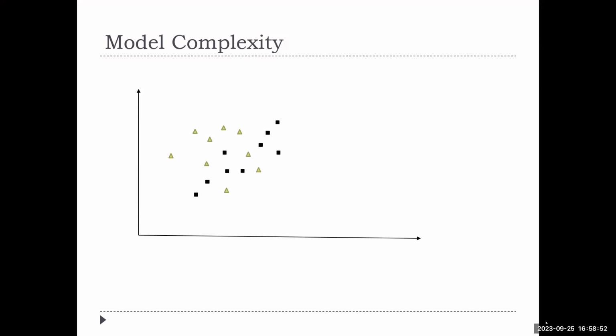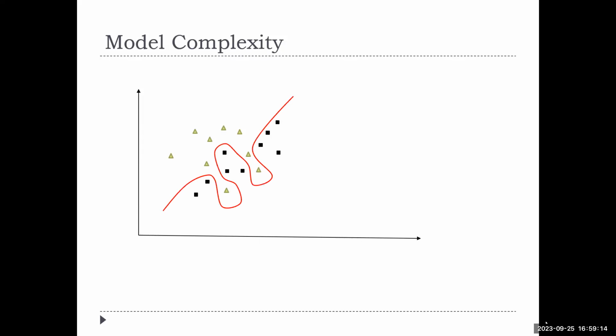Let's say I say draw a line that separates these two data based on training. Probably the best line you can do, including curves, not a straight line, will be something like this. You look at the training data. What is the accuracy now? 100%.